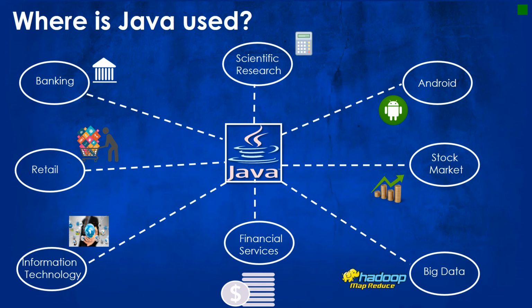Retail we have done. Next is the IT, information technology. Most of the applications are based on Java features, and due to this, many job opportunities are nowadays available in IT.